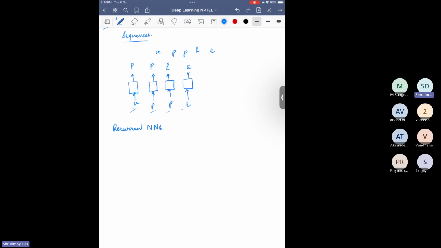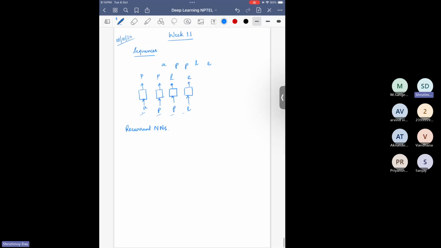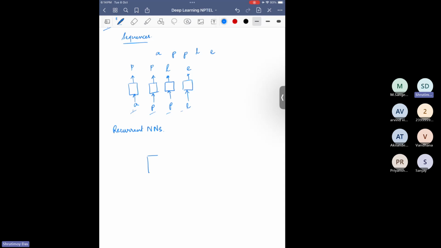So this network can be shown in this sense, right? Once I have this first layer that takes as input A and outputs P, you can pass on some information to the next stage. Suppose this is time and you have only one network. This is at time step, say, one.